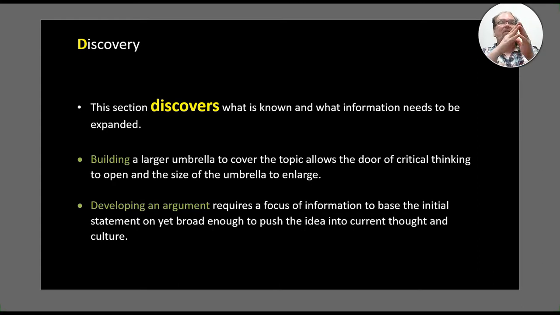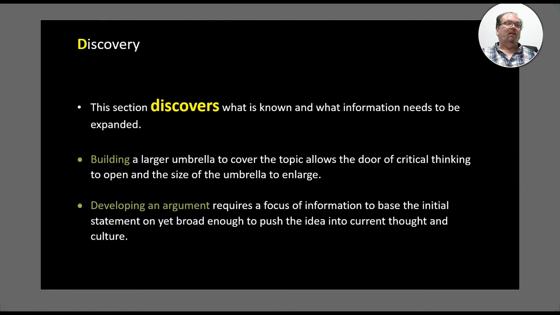So you have to open it, and as the umbrella opens, the canopy becomes full of ideas, and the little spines that keep the umbrella firm, those are categories or arguments that you can make. So think of that as an idea.